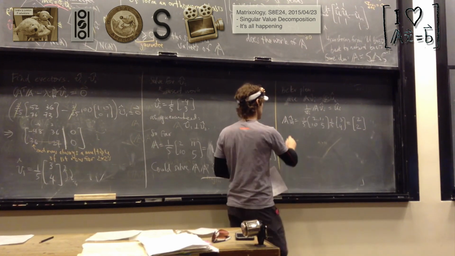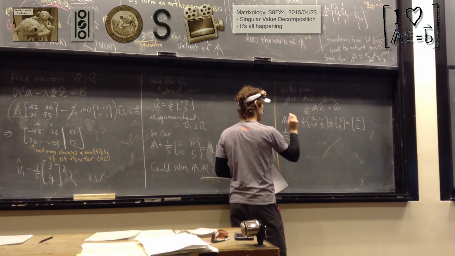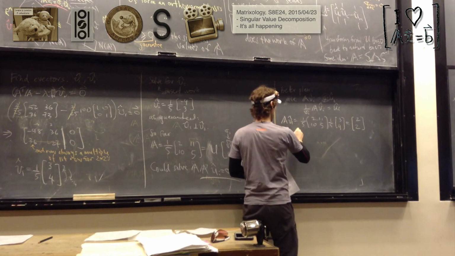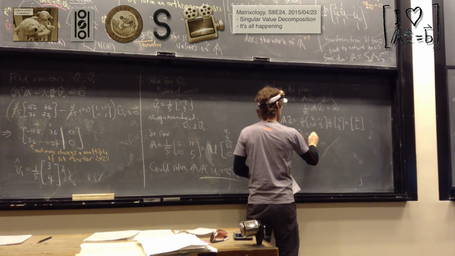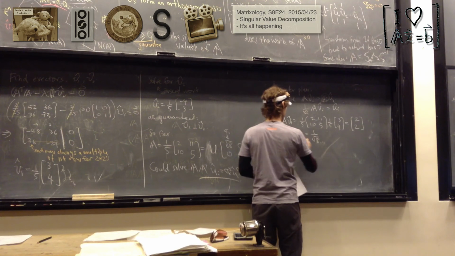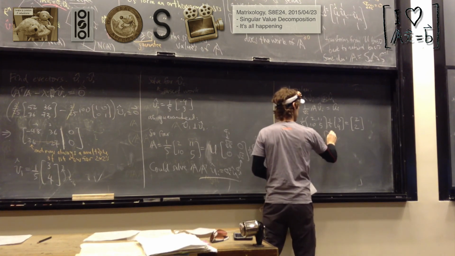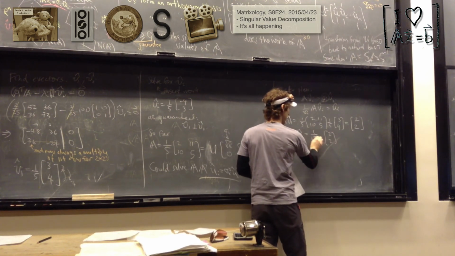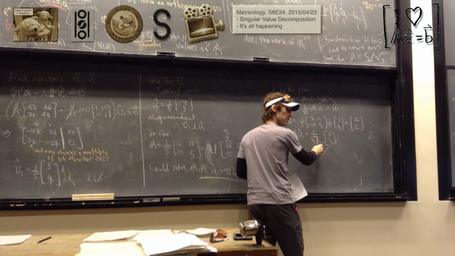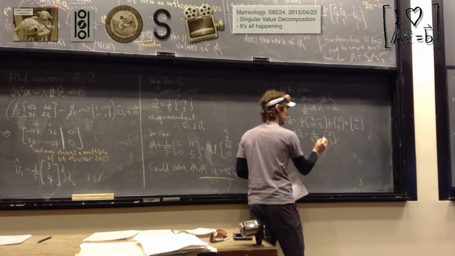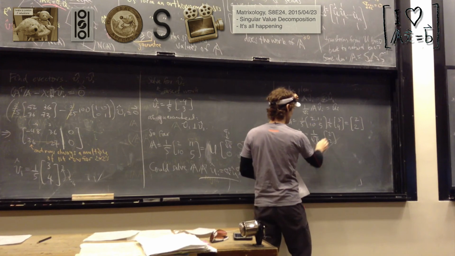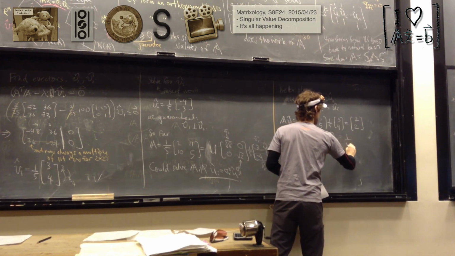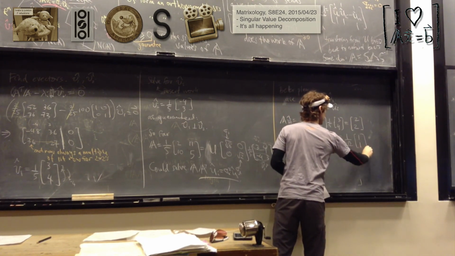That's A times V1. So let's divide it by the first singular value, 1 over the square root of 8. That was the square root of 8 times 2, so that's 4 times 2 in there. So this is 2 root 2. The 2's cancel. So this is 1 over root 2, 1, 1.